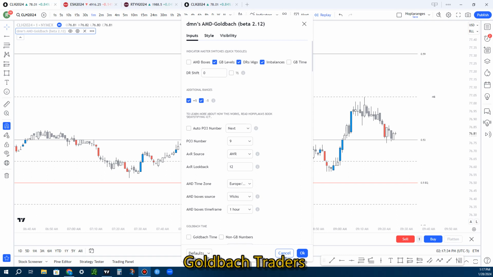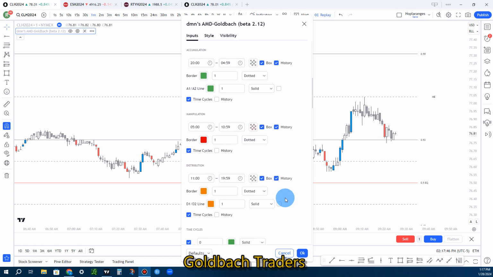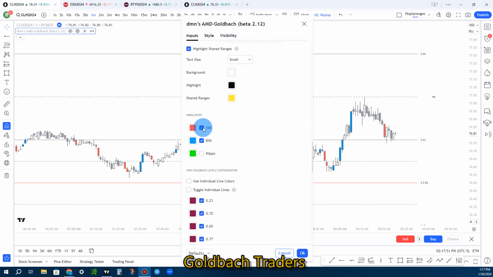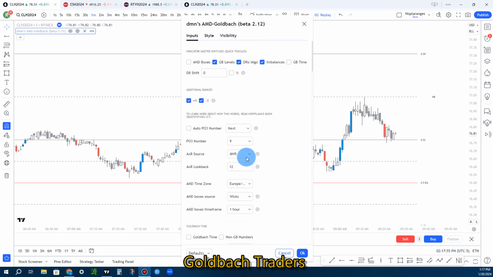ICT has some videos on it. The way I think about it, he doesn't say it this way, is that basically it has a fair value gap on top of a fair value gap. You can select it in the indicator by checking SIBI and BISI, but you also have to make sure at the top that you have imbalances checked.